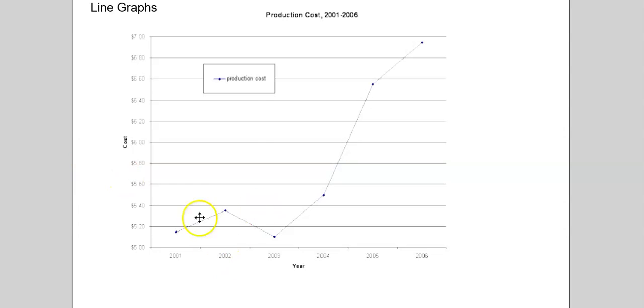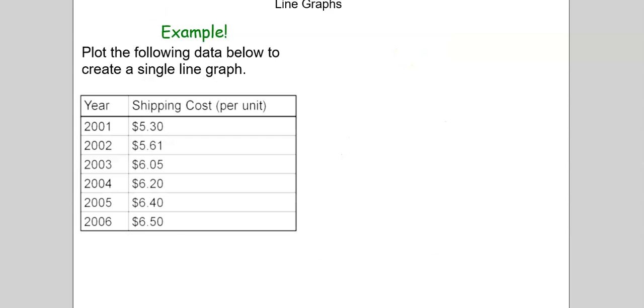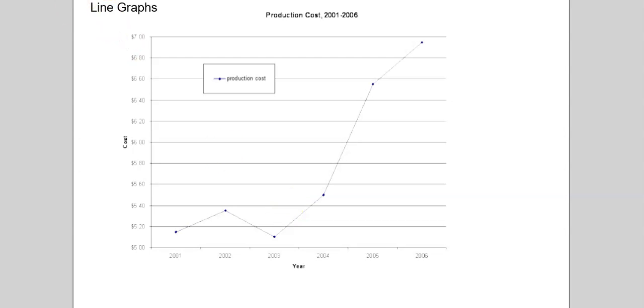I don't know why that's wrong. In 2002, there's your, maybe 538 and so forth. And you just go from here, and in 2006, almost $7. So this doesn't match this completely, but you see the general gist of it.